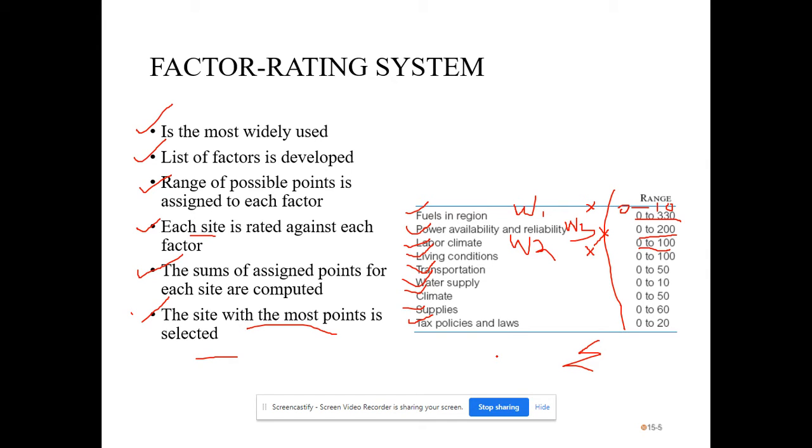Out of 5 sites, the site which has the maximum points, you select it as the location for a factory or the warehouse.